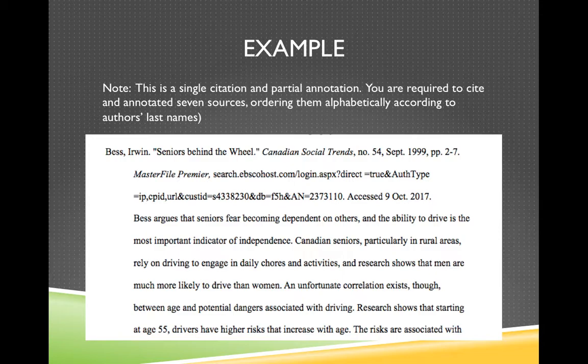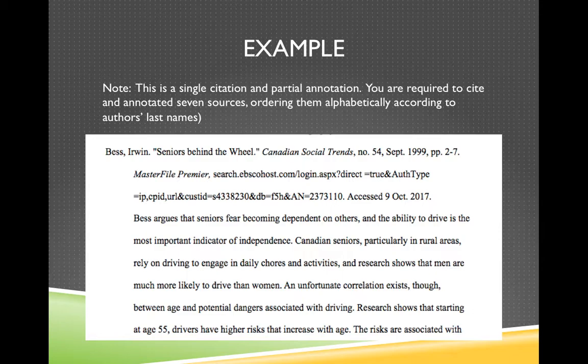So during your project, you're required to cite and annotate 7 sources, ordering them alphabetically according to the author's last name. What you have here is the citation of a source that starts with the author, Bess, Irwin, and the rest of the citation information is listed there, starting with the author's name and ending with the date of access.